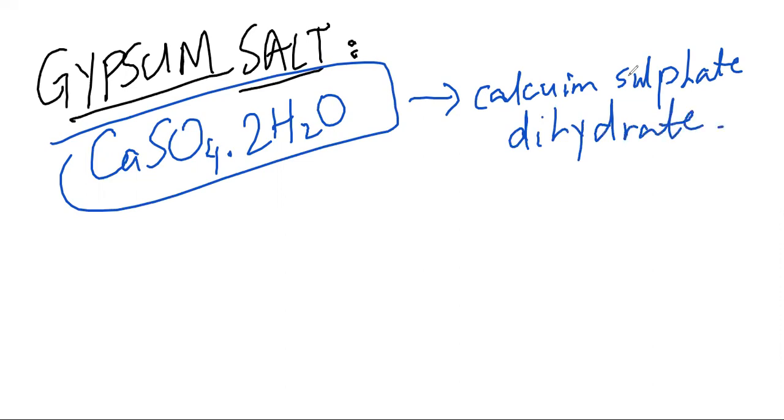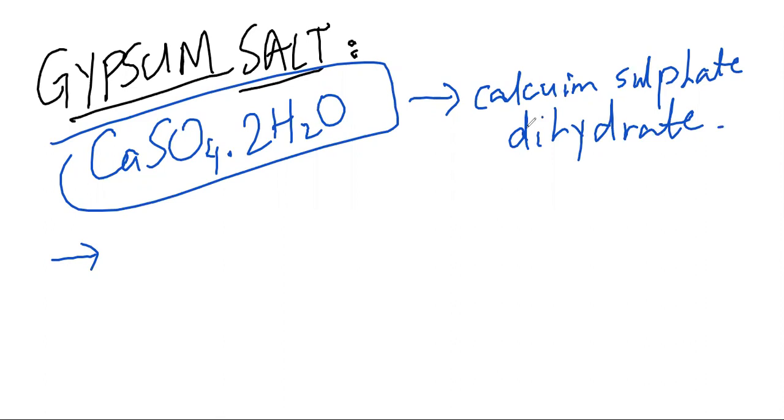This is the formula and this is the name. How do we prepare gypsum salt? It is prepared by the treatment of calcium metal, calcium oxide, calcium hydroxide and calcium carbonate with concentrated sulfuric acid. All the mixtures combine to form calcium sulfate.